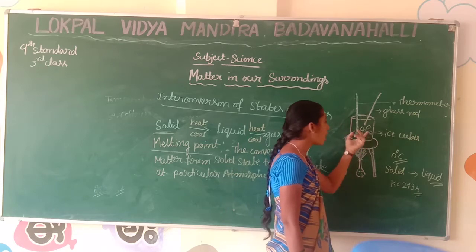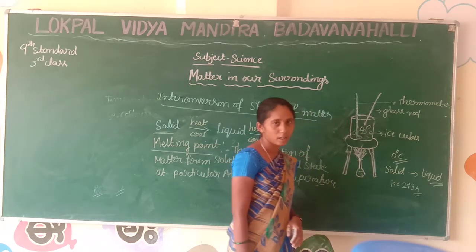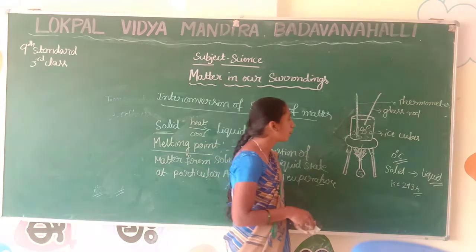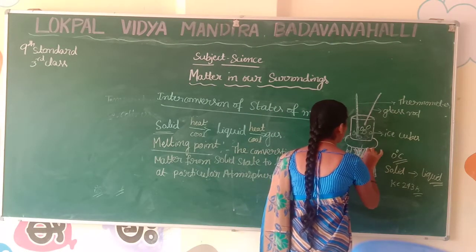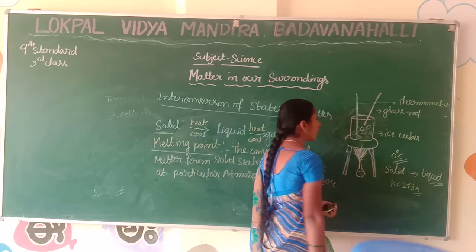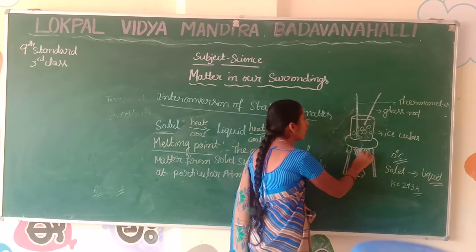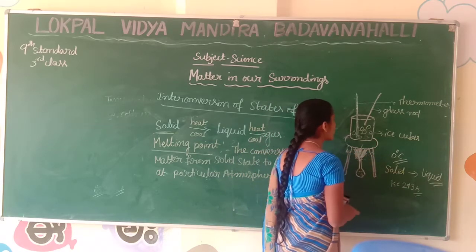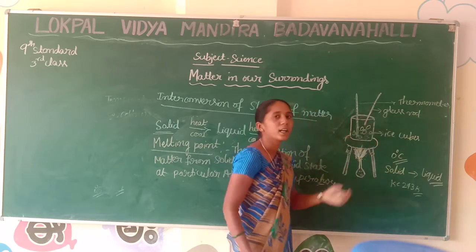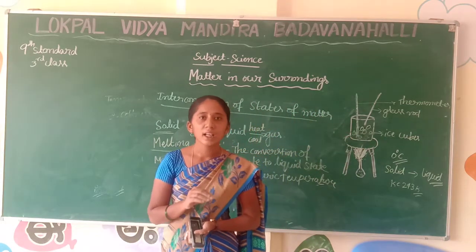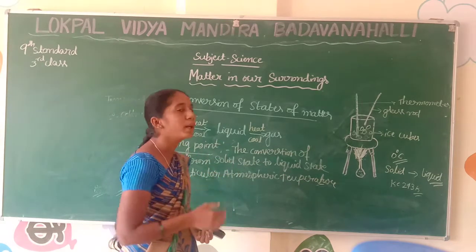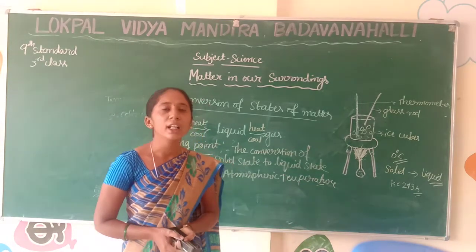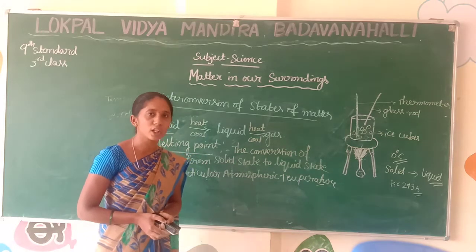water from solid state to liquid state, again we provide excess of heat to the liquid form of the water. What happens here when the thermometer scale reaches the melting point, 0 degree Celsius?